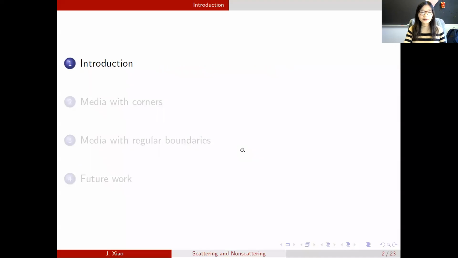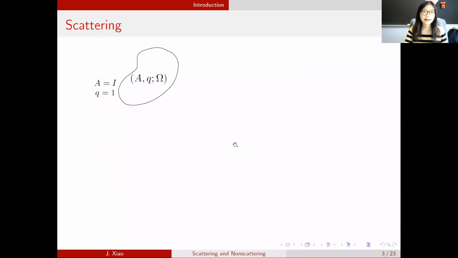So let me start with scattering. We imagine there is a homogeneous background where the parameters A and Q will show up in a short moment. There, A is the identity matrix and Q is 1 in the background.